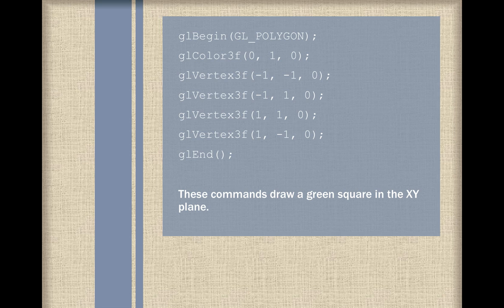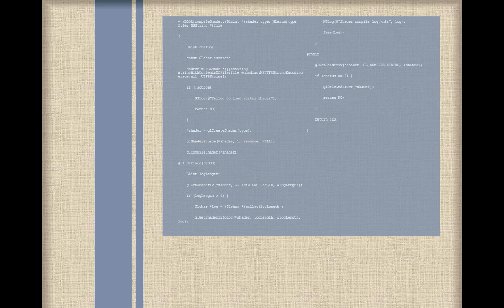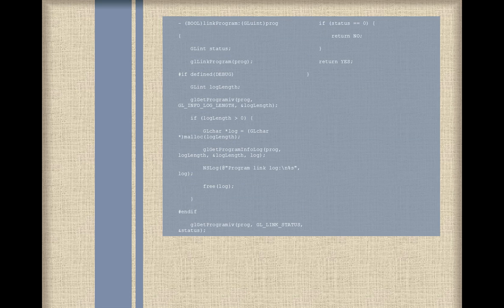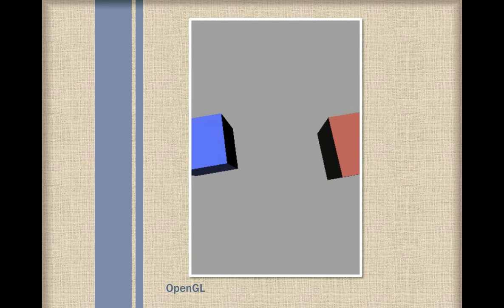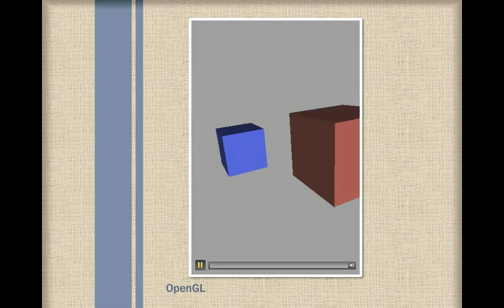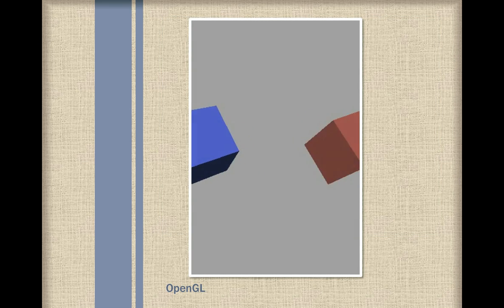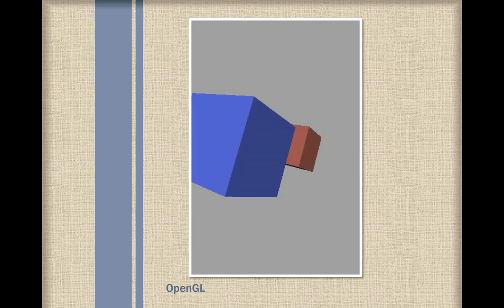But, so we have the vertices, we have the setup for the GL, we have the update for the GL, we have the GLK view, we have the shaders, we have the compiler for the shaders, we link the program and we update, validate the program, and after all of that, we get this high-end, useful app.